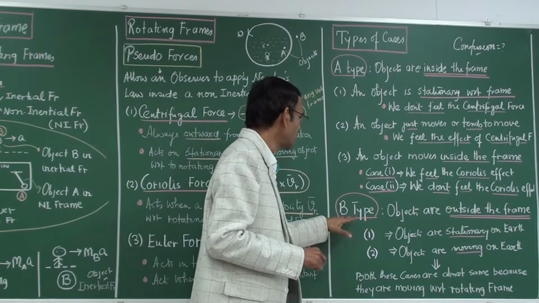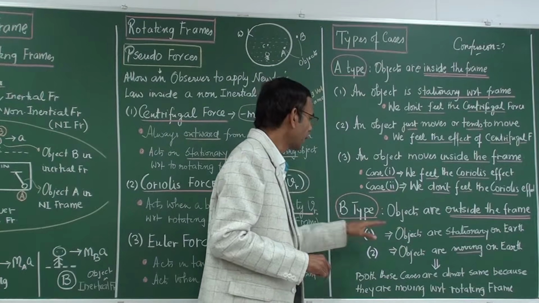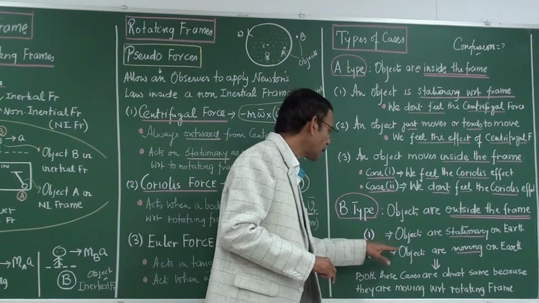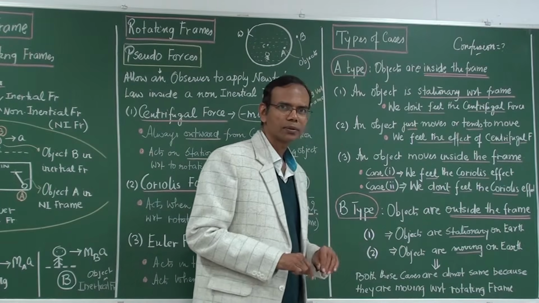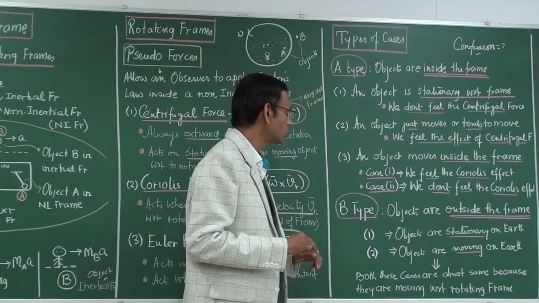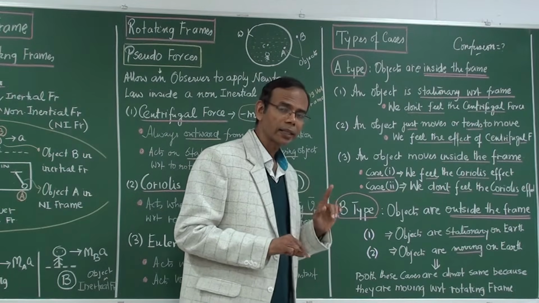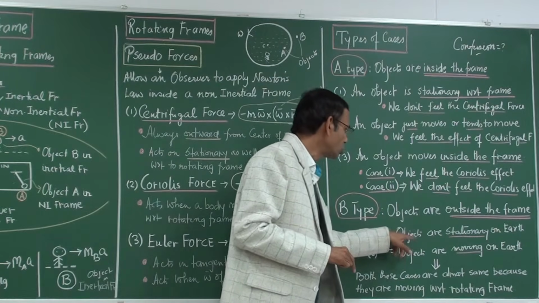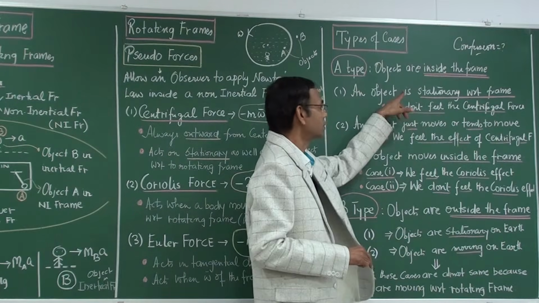and each one I will be dealing with some one or two examples. In the B type, objects are stationary on earth and objects are moving on the earth. So these two cases I will be dealing with. Now let me tell you, in order to get a feeling of the centrifugal force or the Coriolis force, we will start from here, not from here.